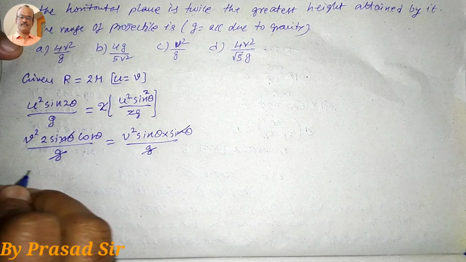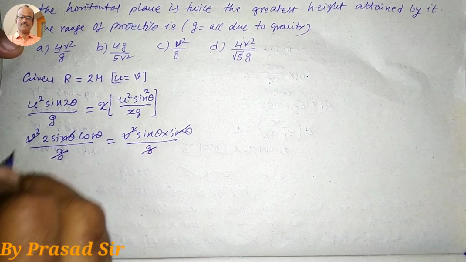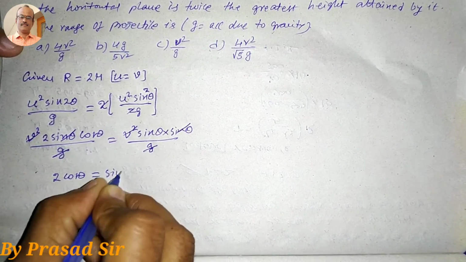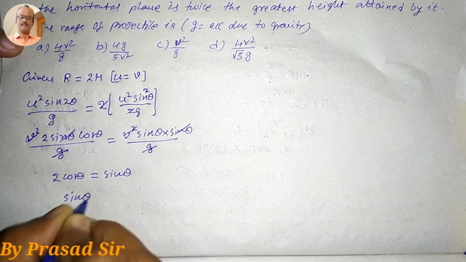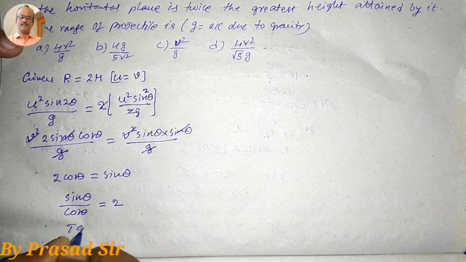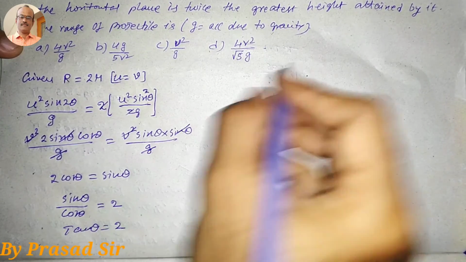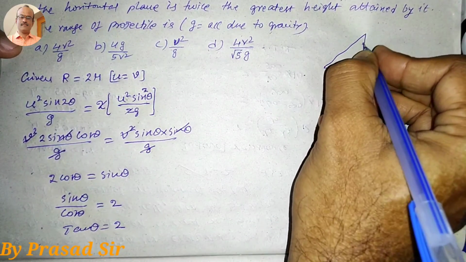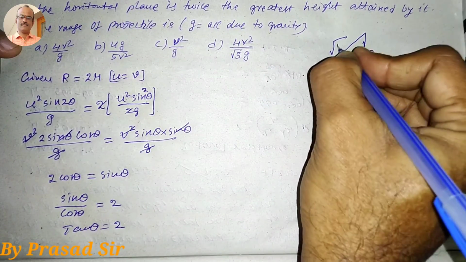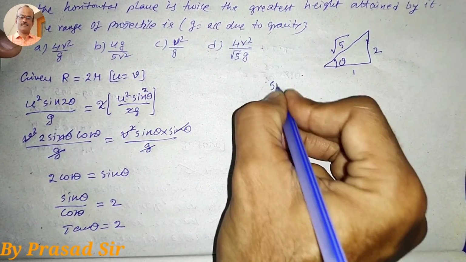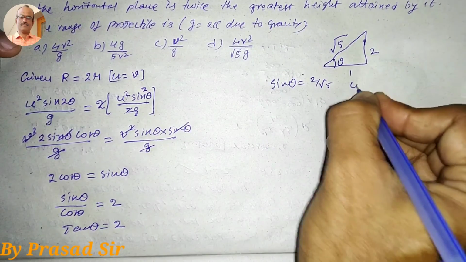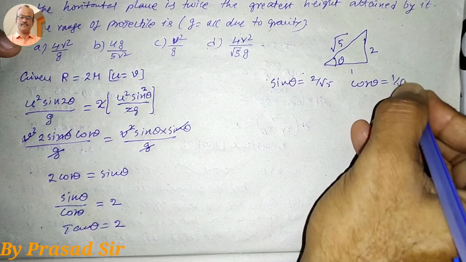V square also cancels. So 2 cos theta is equal to sine theta, and sine theta divided by cos theta is equal to 2, so tan theta is equal to 2. If you draw a right angle triangle like this, with 2 and 1, the hypotenuse is root 5. So sine theta is equal to 2 by root 5 and cos theta is equal to 1 by root 5.